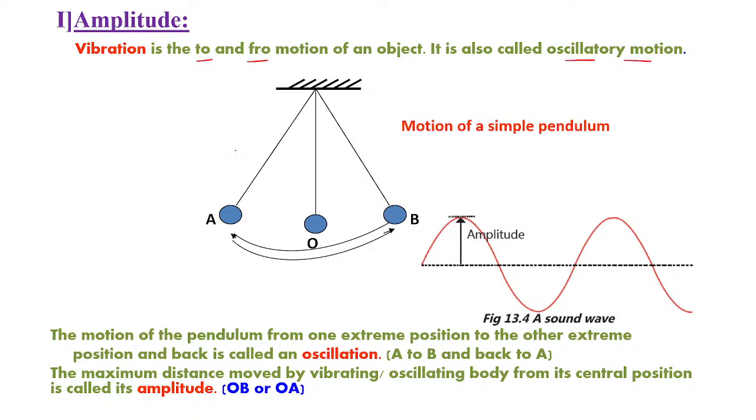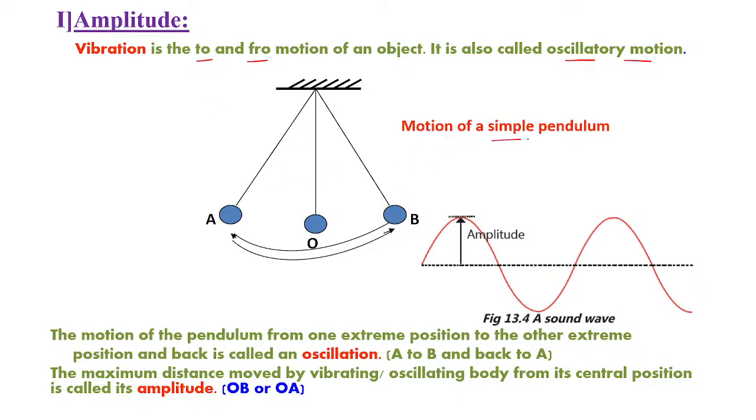Let me give you an example of an object which exhibits such motion, that is a pendulum. We learned about the pendulum in lower classes, in standard 7, in the motion chapter, isn't it?